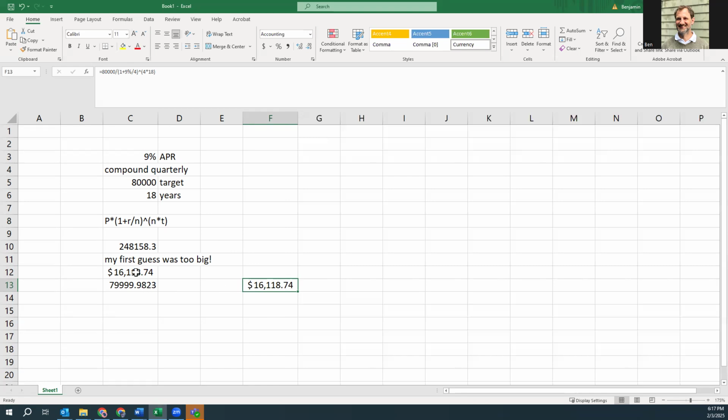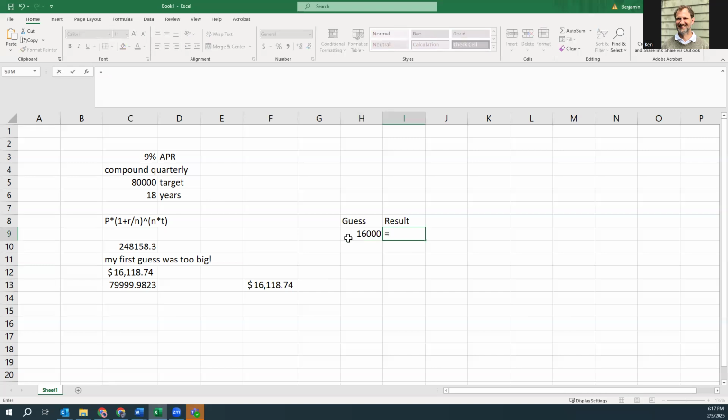And in fact, I'm doing it with a sort of side-by-side approach, but you could do it with a table where you have your guess and your result. So let's say my guess was 16,000 and the result is equals this times 1 plus 9% divided by 4 raised to the 4 times 18. And then I can try a new value, 16,100, and I'm autofilling here.